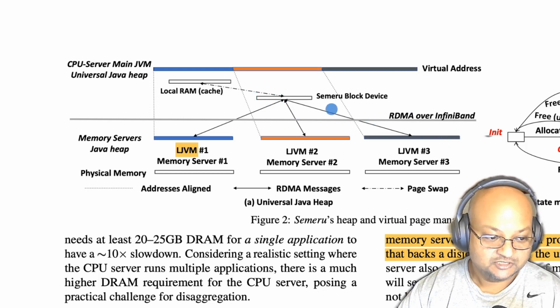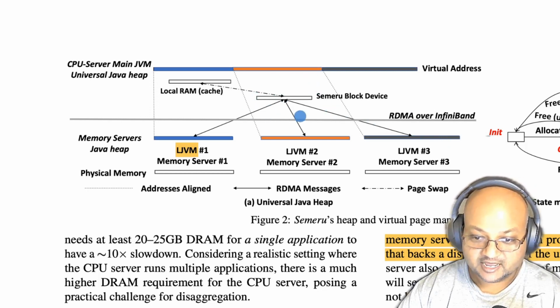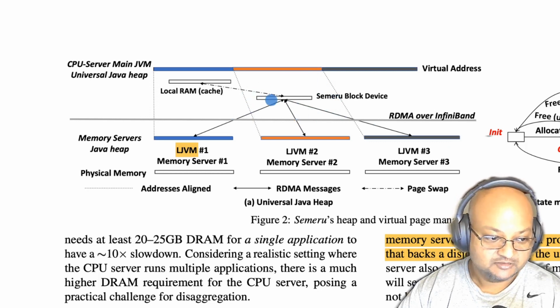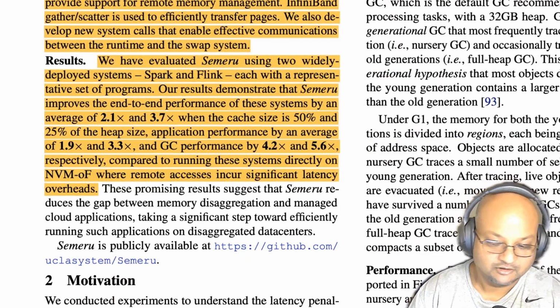And there's also some integration with the Linux kernel block device and swap algorithms such that when you have RAM pressure on your local machine, you can swap out some of that RAM to the block device, but that's backed also by RDMA.